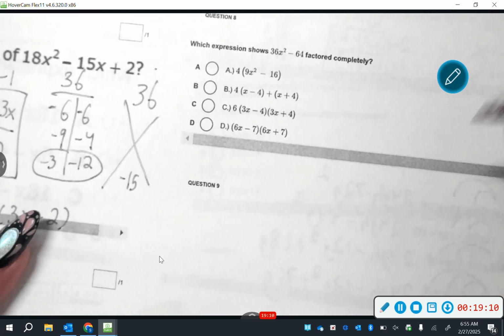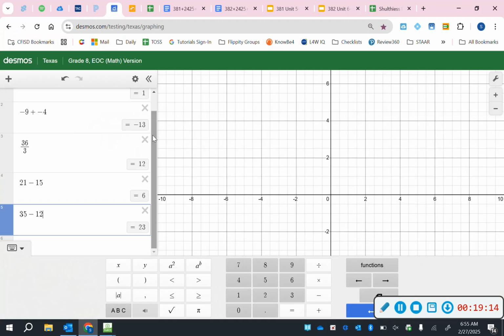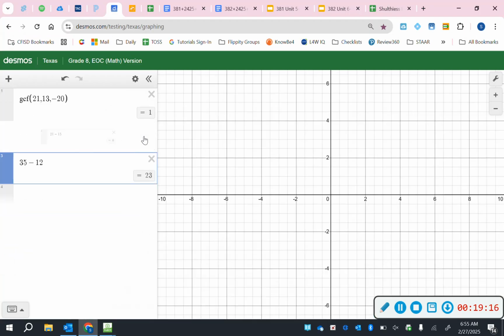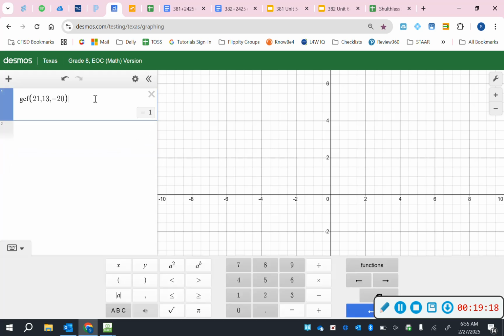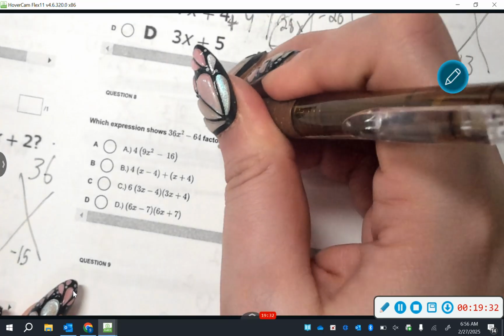Oh gosh. Okay, first thing, check for your GCF. Let me clear all this. So GCF. We got 36 and negative 64. So 4. 4 seems to be the magic number here. So we're dividing everything by 4.